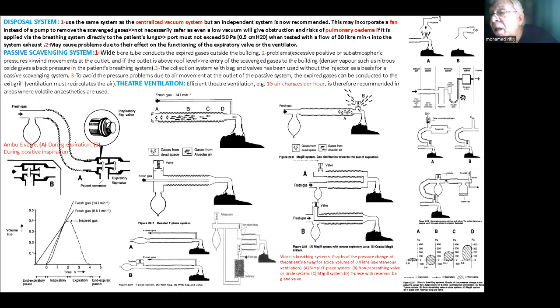And this after that goes to a special pump or a fan system to go outside. So we have what we call the 3 active parts representing the active scavenging.